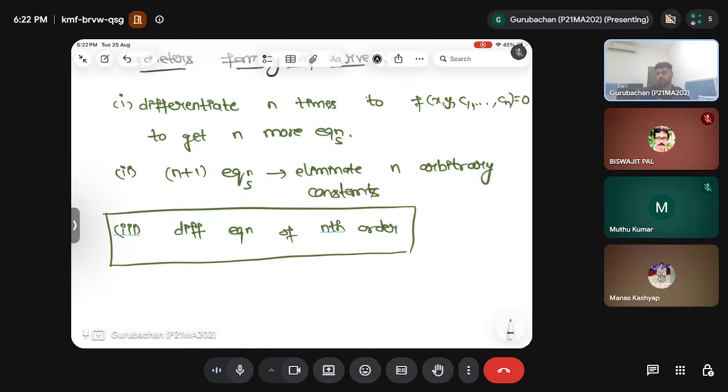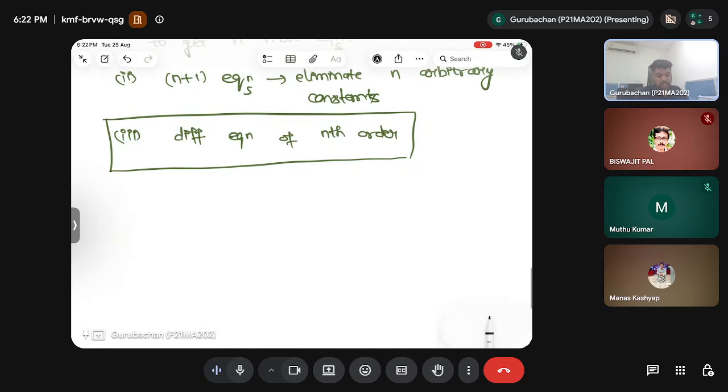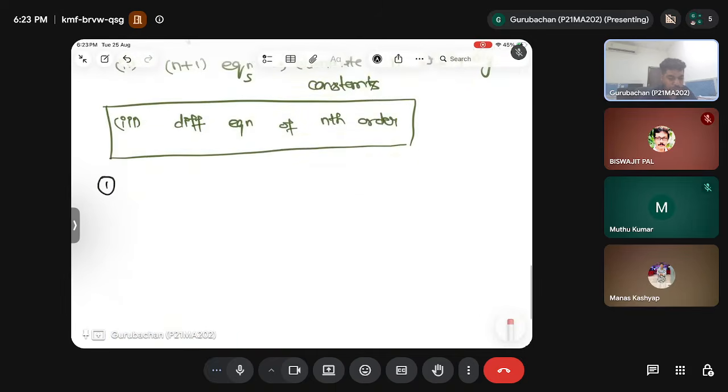We will do this with the help of one example. But before that, let me give you one question regarding the linearity and non-linearity of a differential equation. Then we will see how one can get a differential equation from a family of curves. So consider the differential equations.